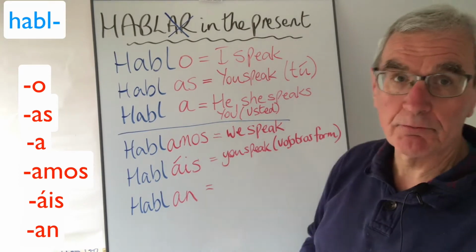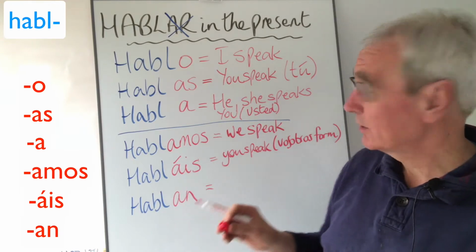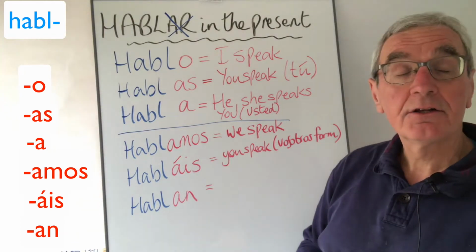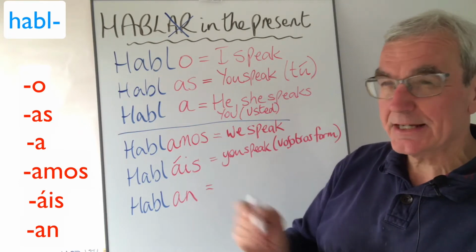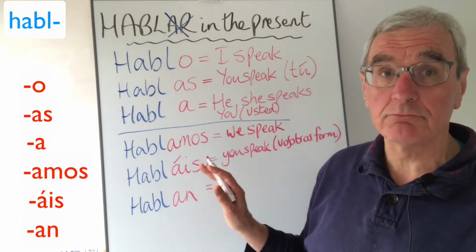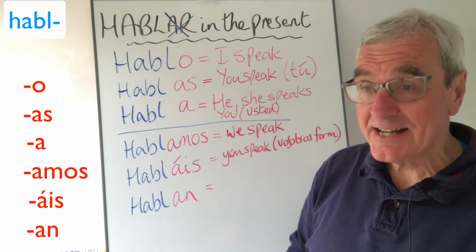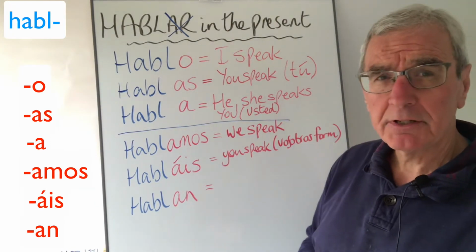The vosotros form. Here we have the tú form in the singular, meaning you, and there we have the plural form habláis. Now, if this is getting a little bit too complicated, for us English speakers, we only have one word for you, just the one. In Spanish, they've got 4. Complicated or not?